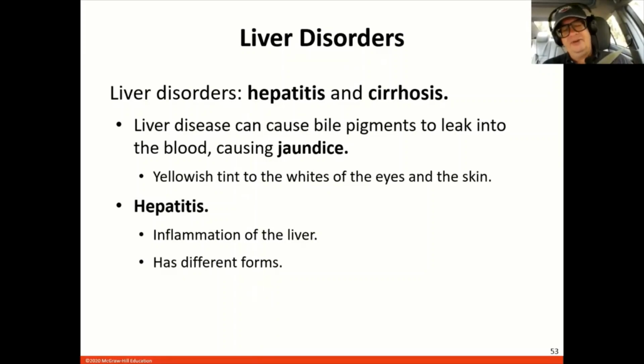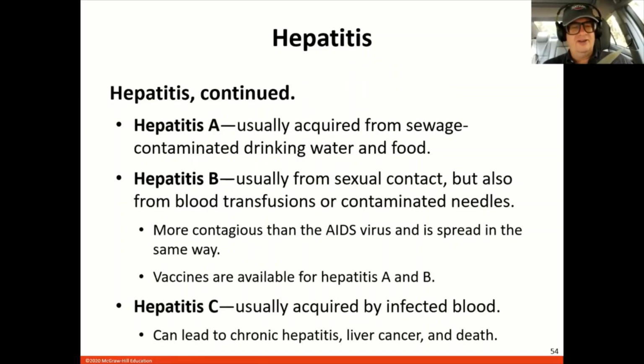Hepatitis. Itis means inflammation. This is inflammation of the liver. There are different kinds. Hepatitis A would be, oh, I ate contaminated food, drank contaminated water. Hepatitis B would be, I got this from having unprotected sex, dangerous sex, I shared needles.